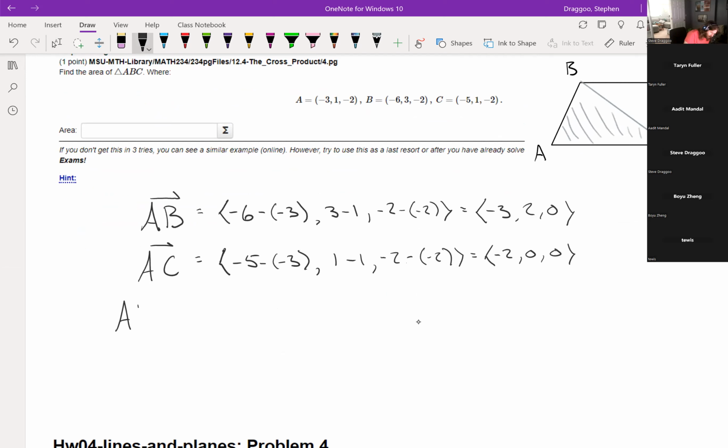I want the vector AB cross the vector AC. And it looks like I, J, K. -3, 2, 0 goes right there. -2, 0, 0 will go there.